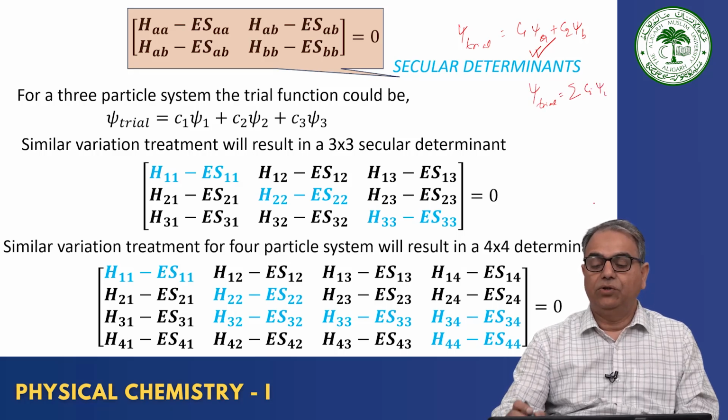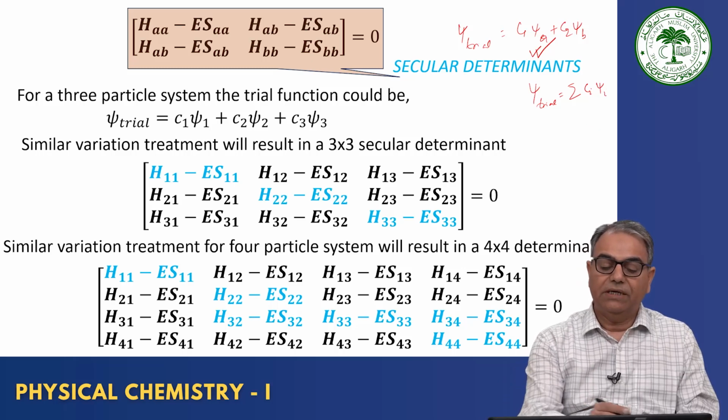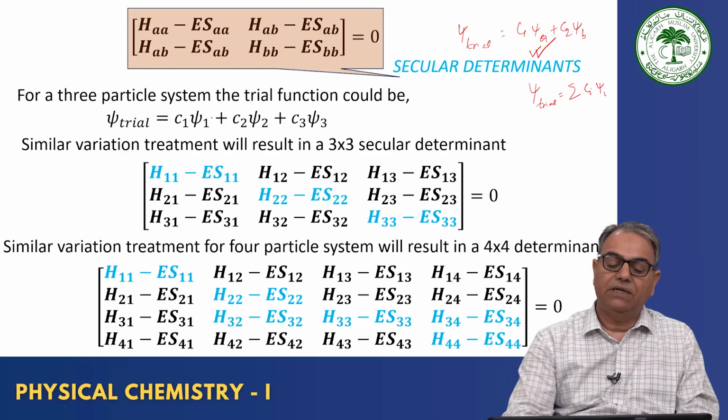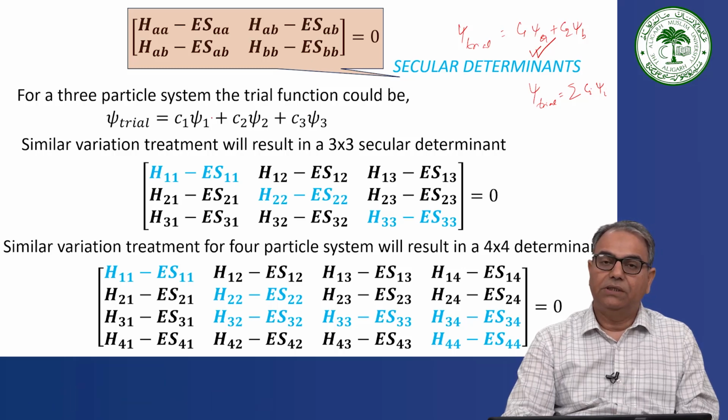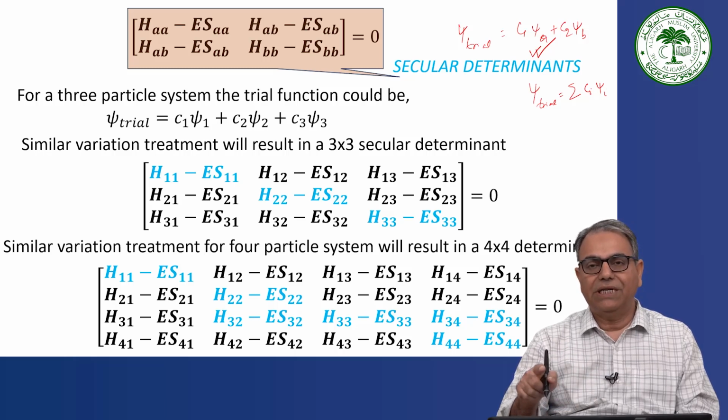So you can take 3 functions, 4 functions, 5 functions. If you do the similar calculation for 3 functions, C1 psi 1 plus C2 psi 2 plus C3 psi 3, then you will have to calculate the energy, and differentiate it with respect to C1, then with respect to C2, then with respect to C3, and so you will get 3 simultaneous equations.